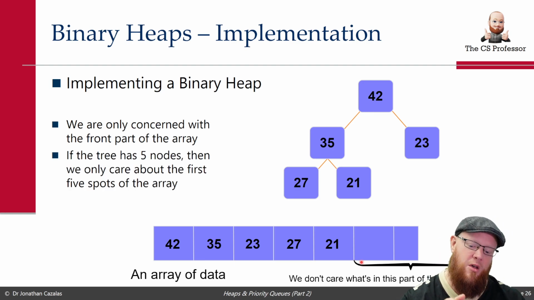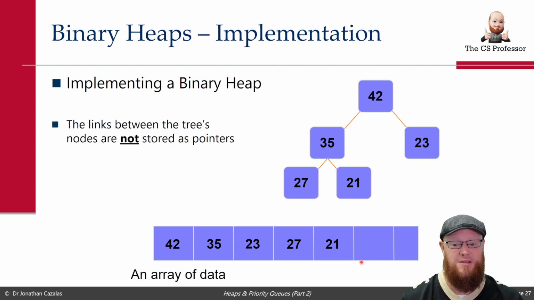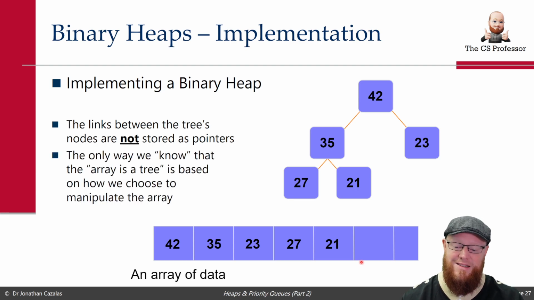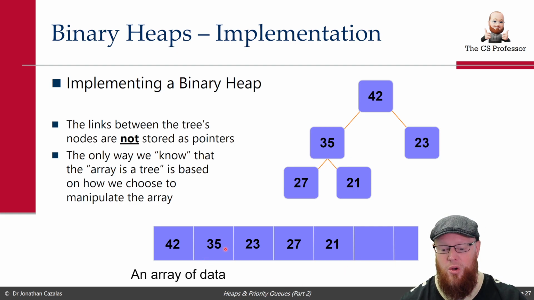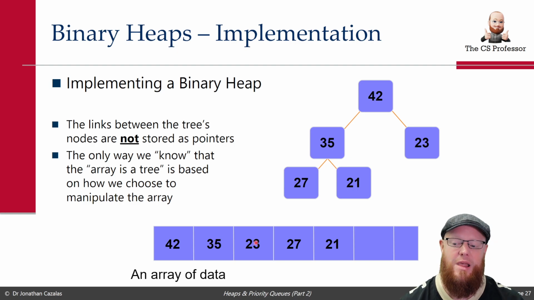So here we have an example of a tree with 5 nodes being saved into this array. In the links between the nodes, we no longer have this left and right pointer, right? The nodes are not stored using pointers anymore, but it works as a tree, and we know which values are which within this array based on how we manipulate the array.